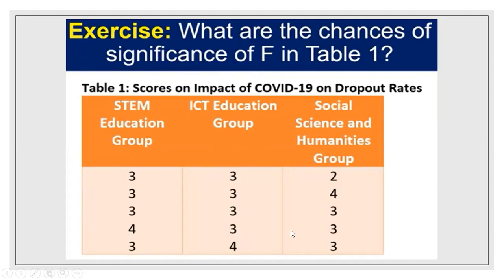It will be very, very low, because if we look, there is not much variance within the groups and between the groups. You can see this one, there is not much variance here. There's not much variance also here. Then between the groups, there is not much variance here. So the chances of having a significant result are very low here.